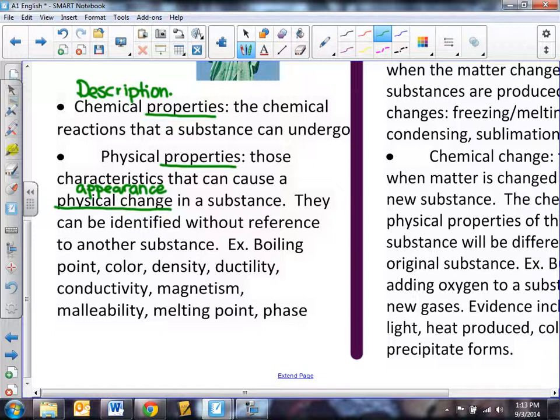A physical property is something that can be identified without reference to another substance. So to identify a chemical property, I have to talk about what it reacts with. To identify a physical property, I'm asking what's something about that substance I can say without mentioning another substance. For example, boiling point, color, density, ductility, conductivity, magnetism, malleability, melting point, phase.